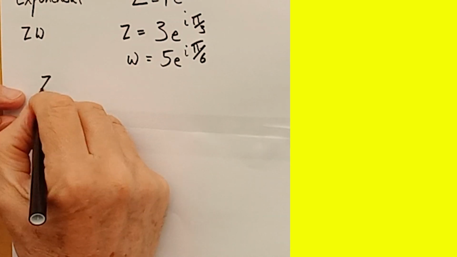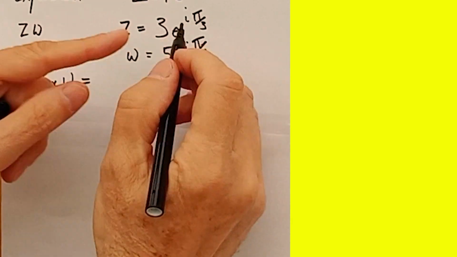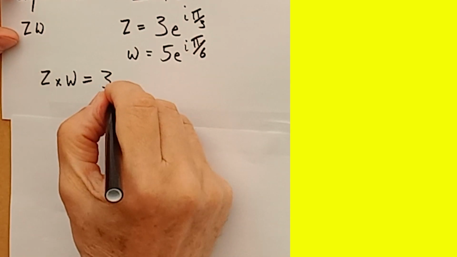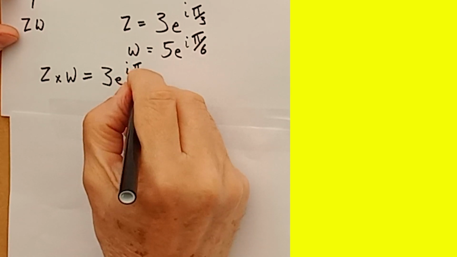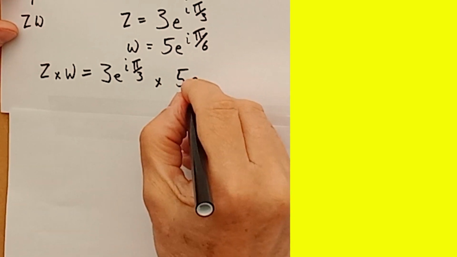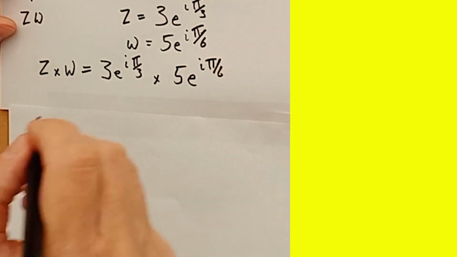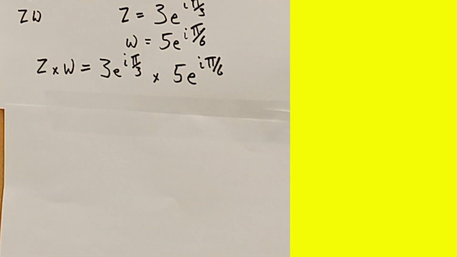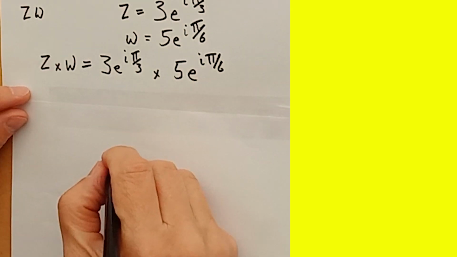So z times w equals, well, z is this. Let's write it all out so we don't get confused. Multiplied by 5e to the i pi over 6. Okay, so now we can say 3 5s are 15.